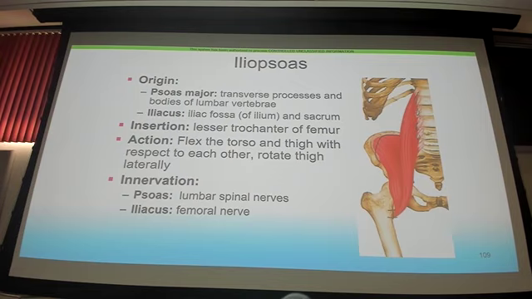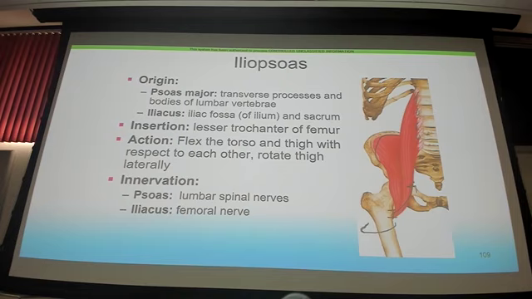Because this muscle comes off of the vertebrae, it can help with flexion of the torso and the thigh, or it can help to rotate the thigh laterally. Right? So if these pull, it's actually going to rotate this towards the outside, laterally.